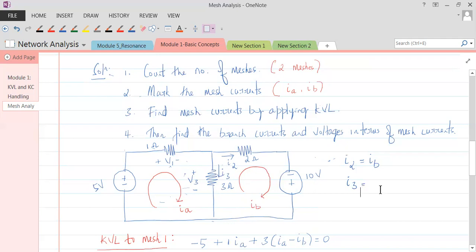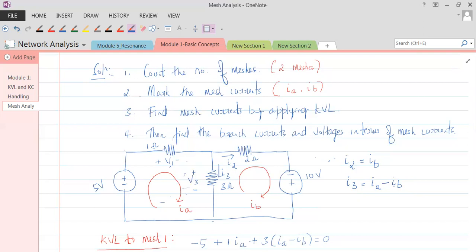So what would I write I3 as in terms of mesh currents? I would write that as IA, because it is flowing in the direction of I3, minus IB, because IB is flowing opposite to the direction of flow of I3. Is it okay with you? This is how we express our branch currents in terms of mesh currents.